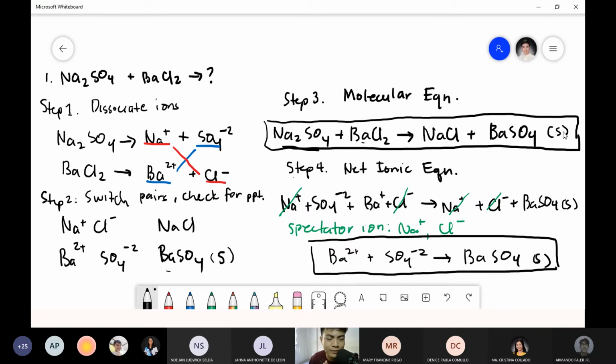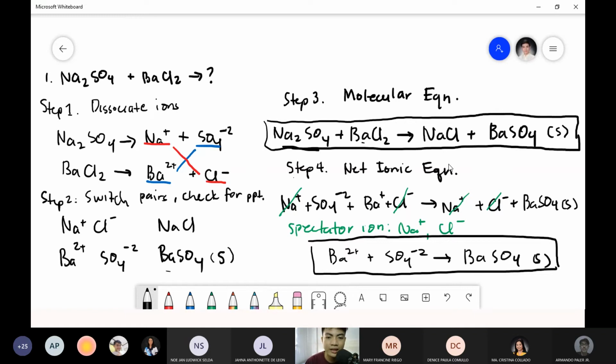Yan yung ating precipitate. Then we write the molecular formula. You balance it, pero kayo na bahala doon. Then, to get the net ionic equation, split the aqueous species into ions, except for the solid. Just copy the solid. Then, once na meron ka na neto, cancel out spectator ions, and what will be left is your ions that really reacted.